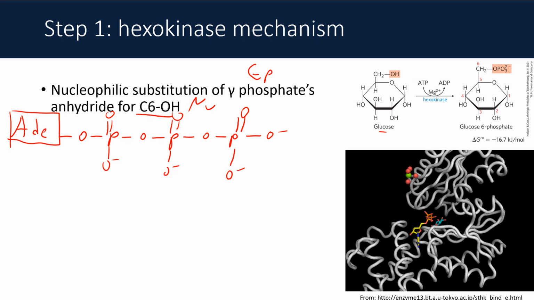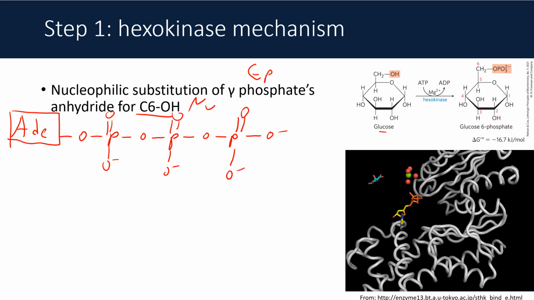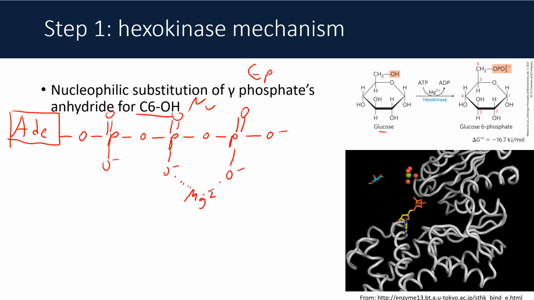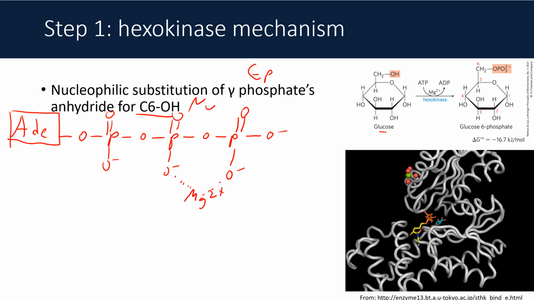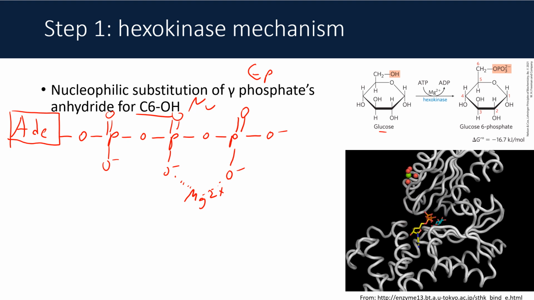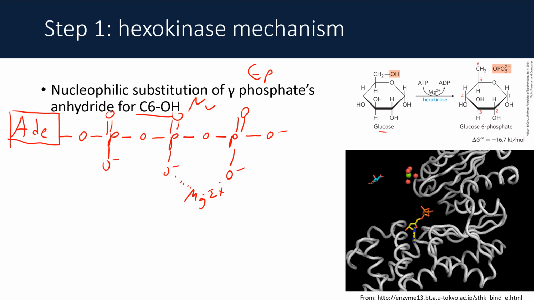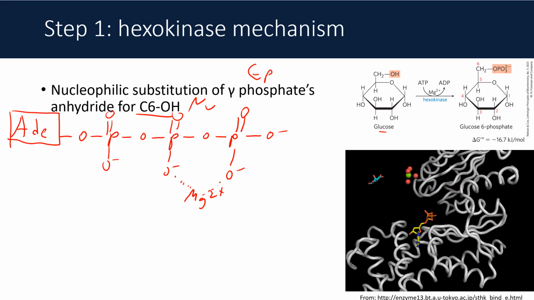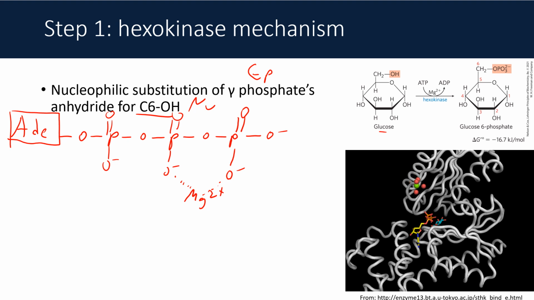And these oxygens on the gamma and beta position will chelate Mg2+, and that chelation will activate the phosphoryl anhydride for nucleophilic attack. So what does this attack look like?